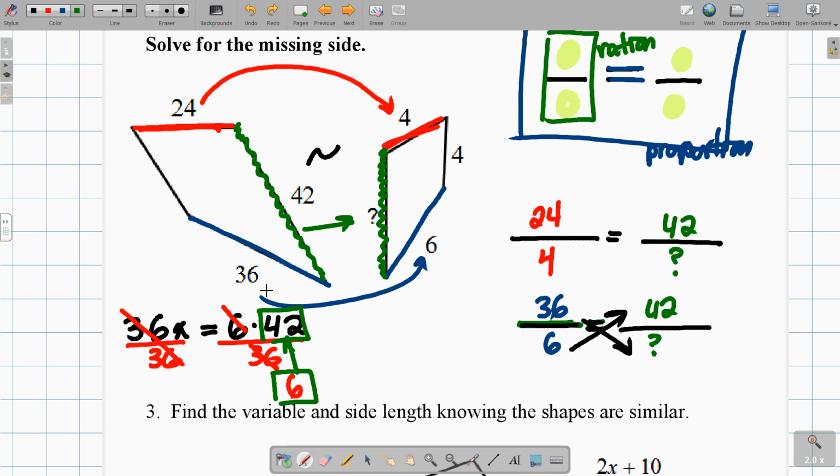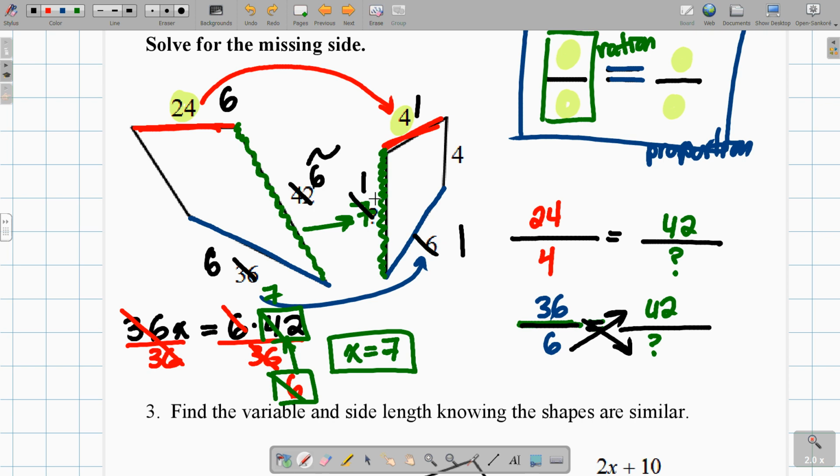Then this 6 goes into 42 7 times. Lo and behold, x equals 7. Which makes sense because I have here a 6-to-1 ratio all the way around. 6 to 1. So my unknown side there was 7 units.